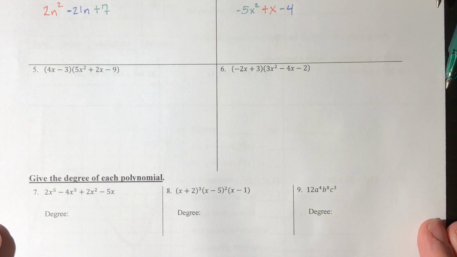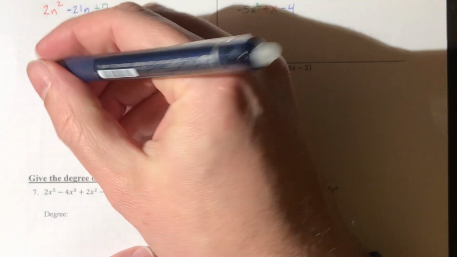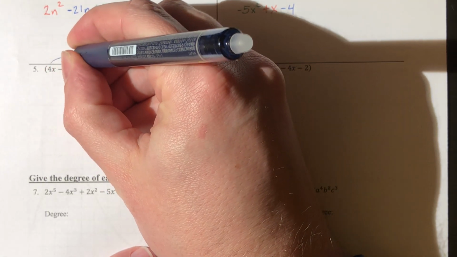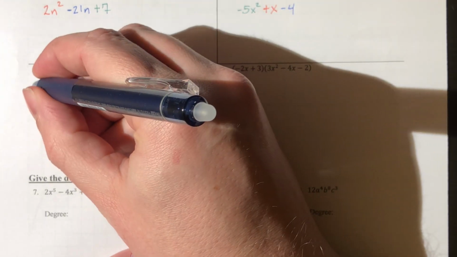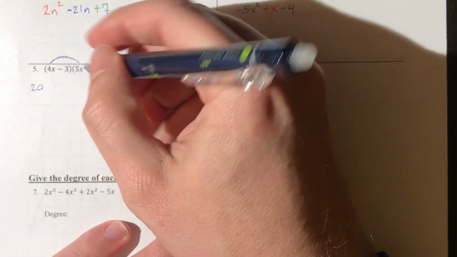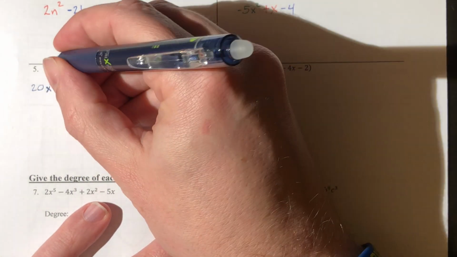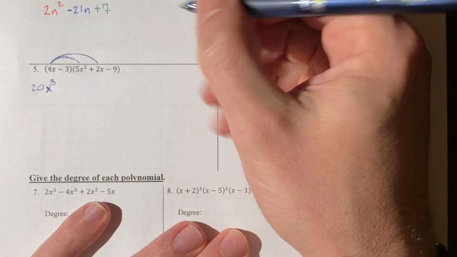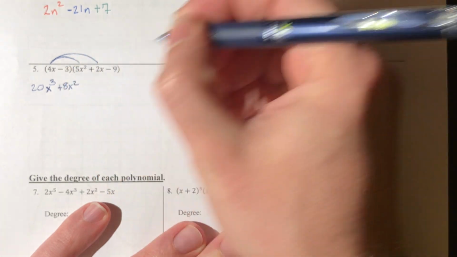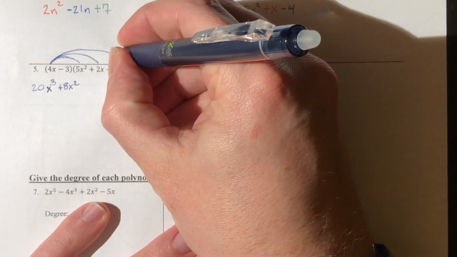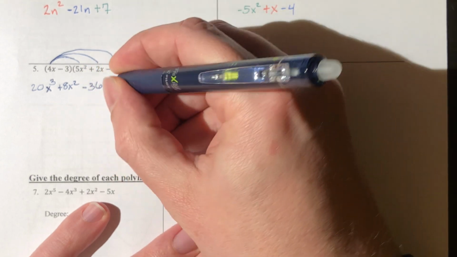For 5 and 6, we're multiplying these, so I need to distribute to all parts. So I need to take this 4x to the 5x squared. So 4 times 5 is going to give me 20. X times x squared, x cubed. And 4x times 2x plus 8x squared, and 4x times negative 9 minus 36x.